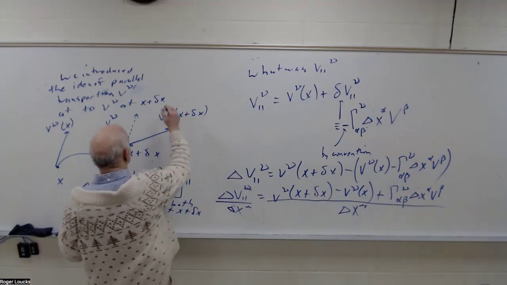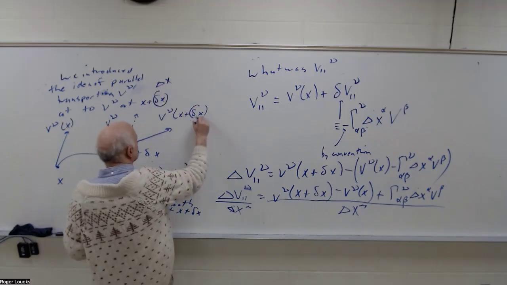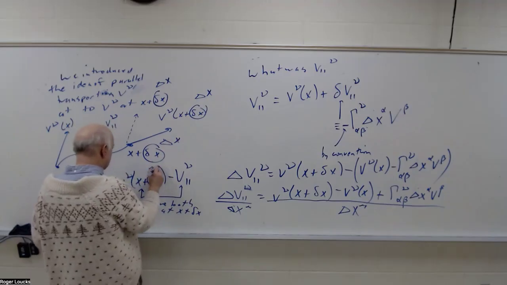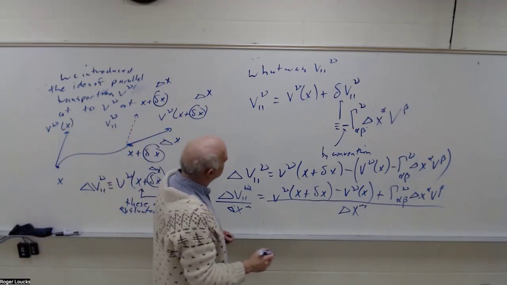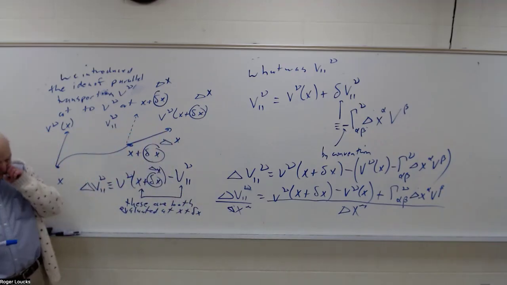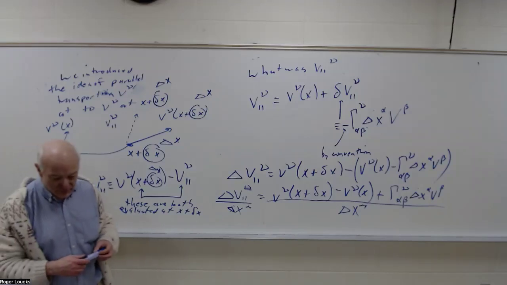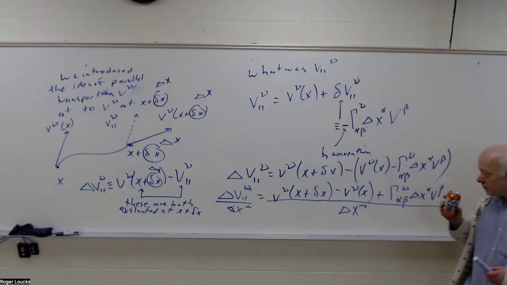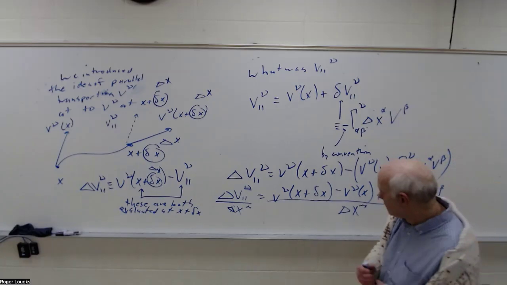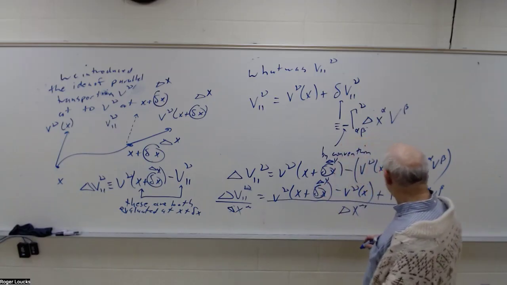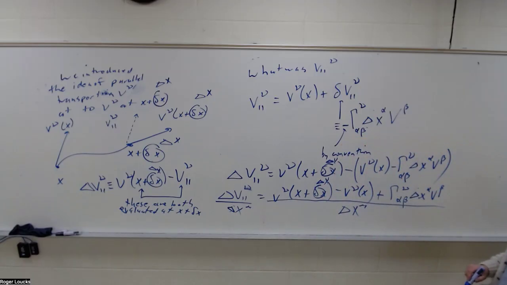Well, this should be a delta X here. This should be a delta X here. This should be a delta X here. That should be a delta X here. Sorry about that. Let me know when you have my screw up patched up. Oops, there's two others. So there should be a delta X. There should be a delta X. Change all the little deltas to capital deltas.